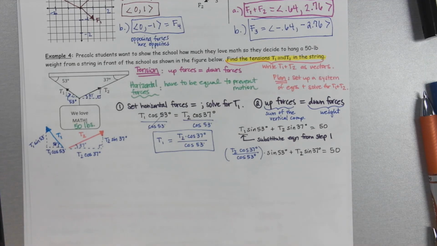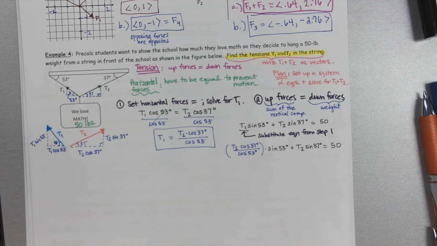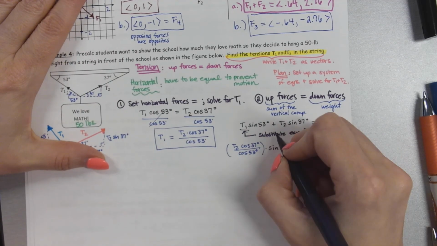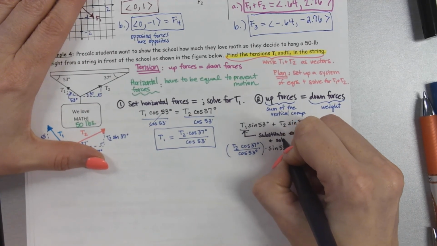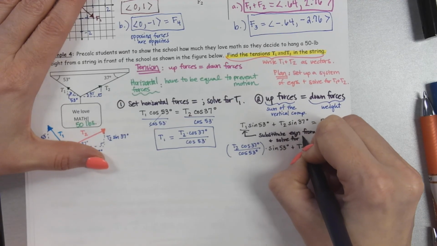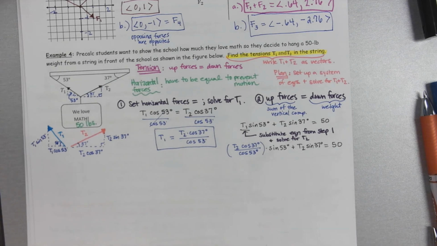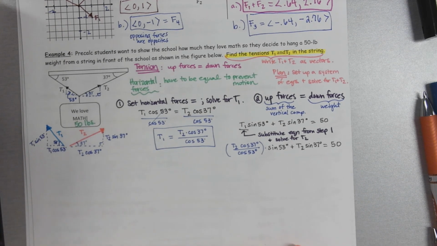Okay, so once you substitute the equation from step 1, you are going to solve for T sub 2.